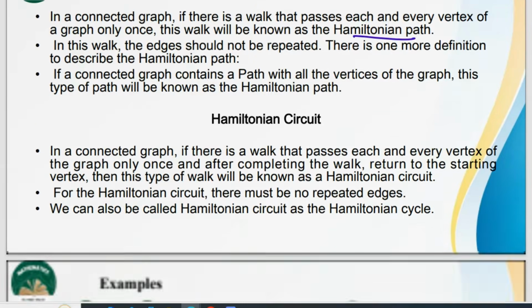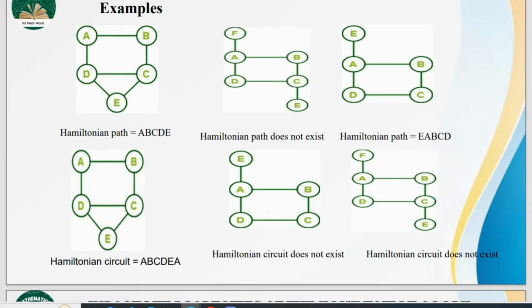So yeah, next one, these are some examples. It starts from A to B, B to C, C to D, D to E, and E to C. Again, I'll just do it again for you. A to B, B to C, C to D, D to E is called a Hamiltonian path.